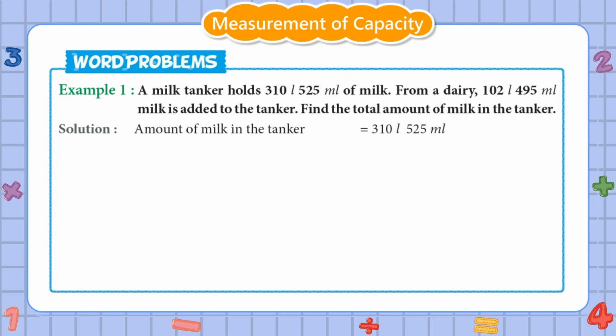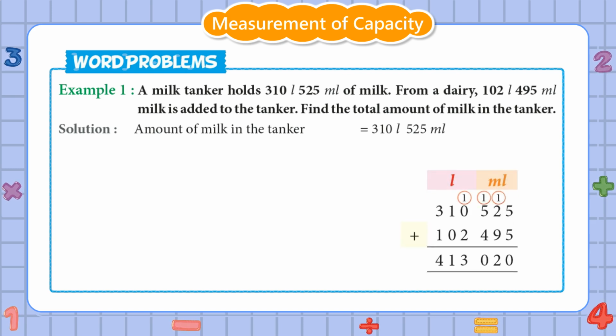Solution. Amount of milk in the tanker is equal to 310 liters, 525 milliliters. Amount of milk added to the tanker is equal to 102 liters, 495 milliliters.